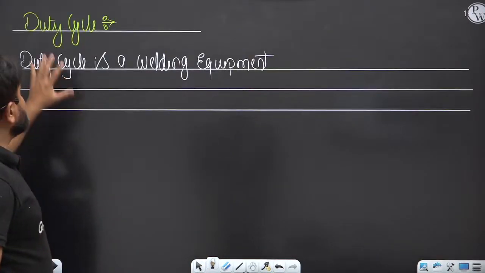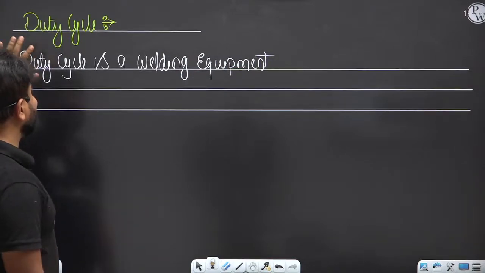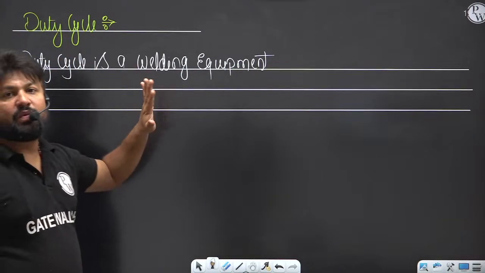So, let's start with what is the duty cycle of the welding.